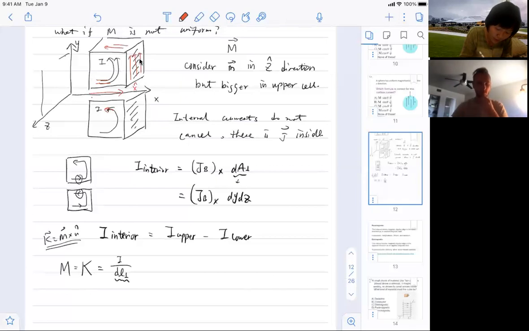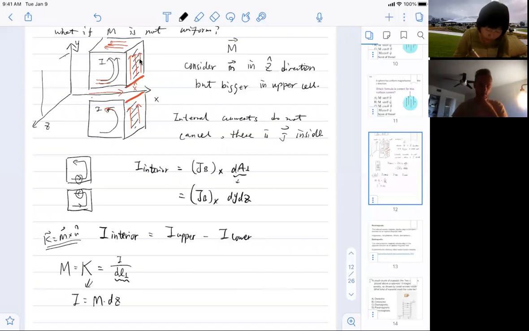This is on the surface, for the top cell, this is on the bottom surface, and the bottom cell. You can see the cross length that is perpendicular is this little line, which is represented by my dz on my coordinates. From here, I can write my current as M times dL perpendicular, which is dz.